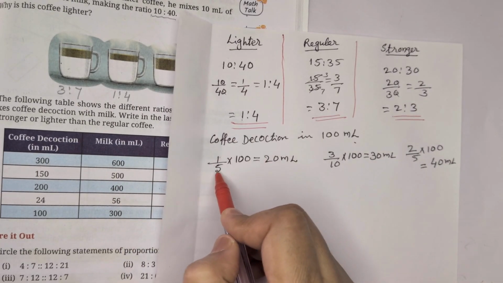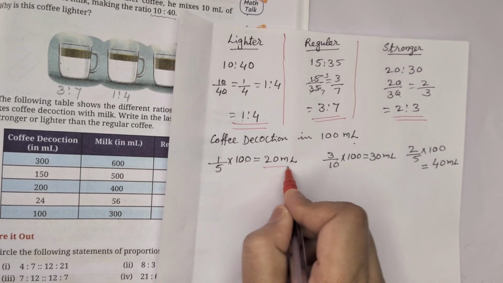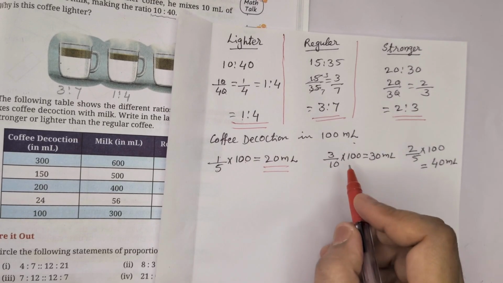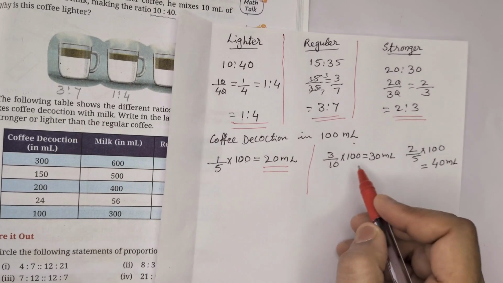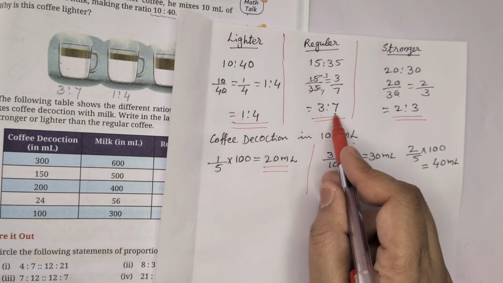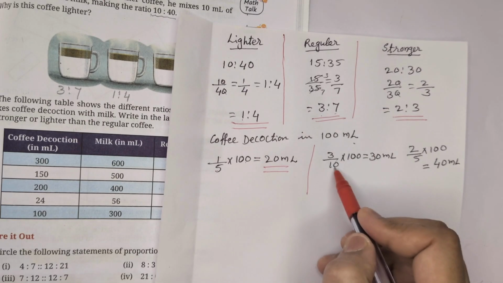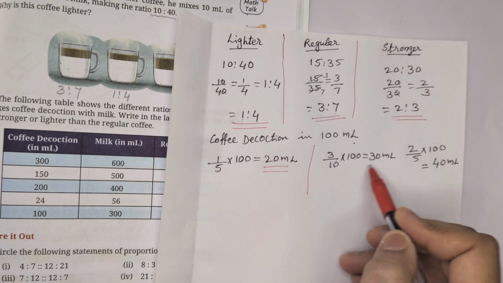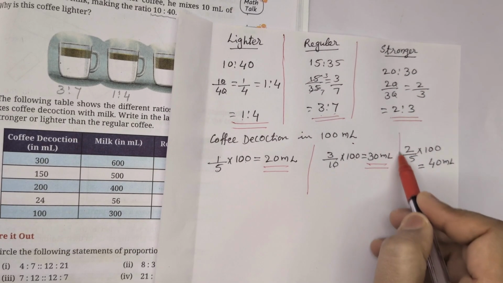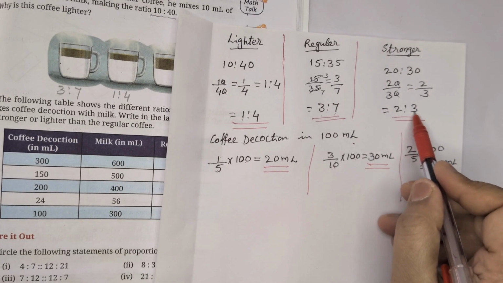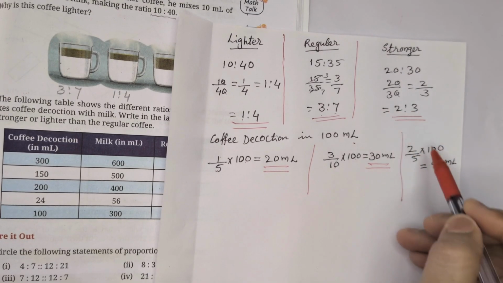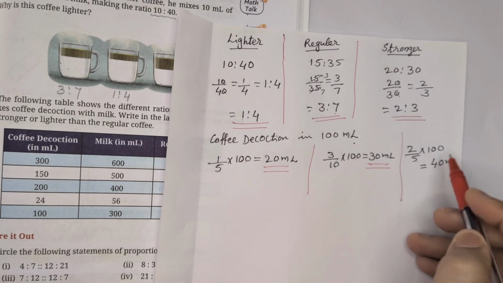So 1/5 into 100, 20 ml coffee decoction there. In the second case, 3 plus 7, 10. 3 parts out of 10. For 100 ml, 30 ml it will come. And here 2 plus 3, 5. 2 parts out of 5 for 100 ml.